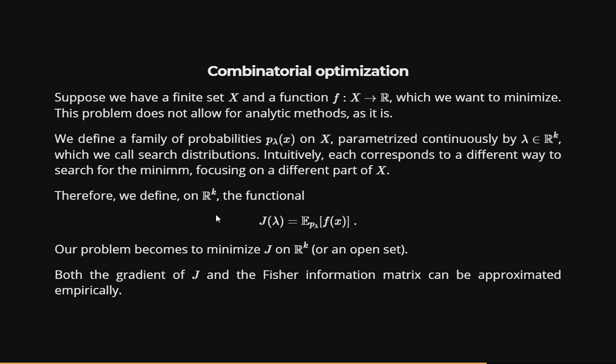Okay, the function J is clearly a bit difficult to differentiate explicitly, but you can use the log likelihood trick. And also the Fisher information matrix, so the matrix of your Riemannian metric, can be approximated by empirical observation.